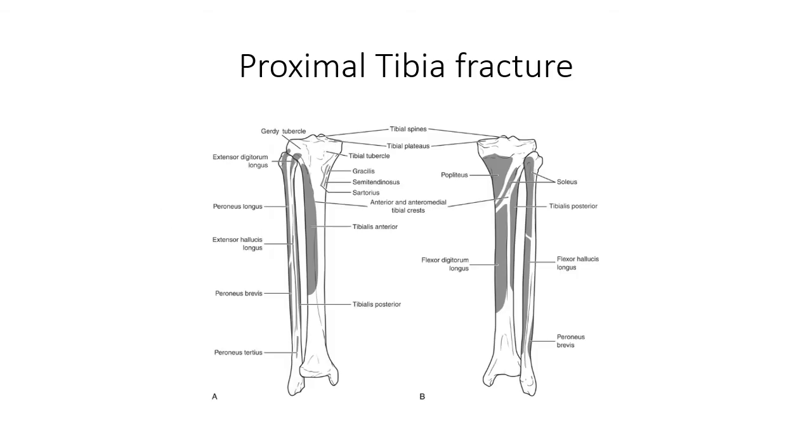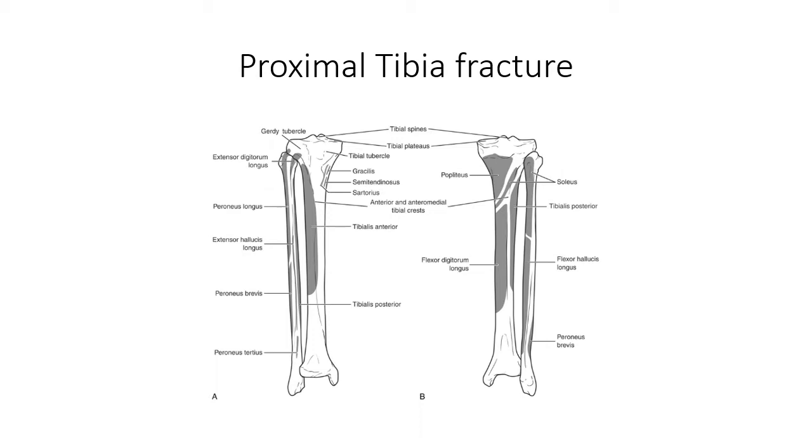Proximal tibia fracture. The proximal tibia is composed of the medial tibial plateau and the lateral tibial plateau, which are separated by the tibial spine. Proximal tibia fractures are a common fracture of the tibia that are associated with a high rate of soft tissue complication.